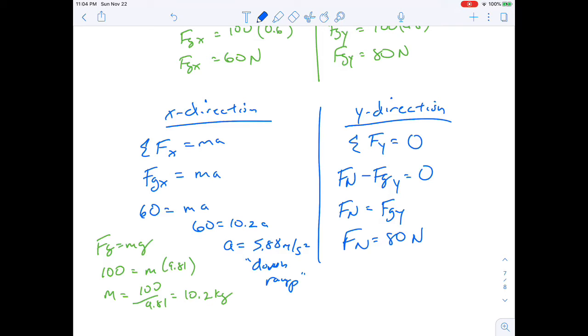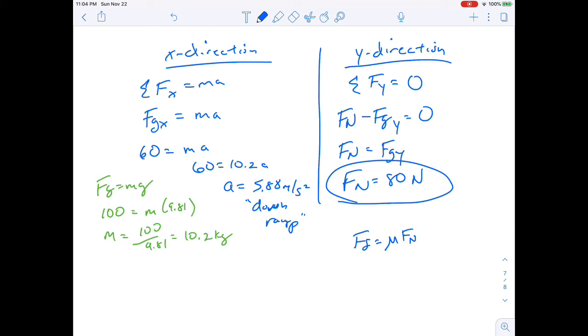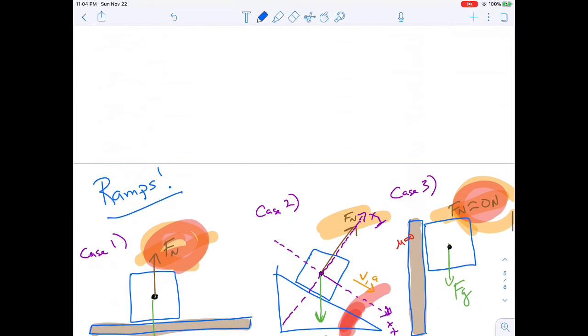Now this doesn't make any difference in this particular problem, but what if there were friction? Because remember, friction is equal to mu times Fn. So when you have something on a ramp, this is going to be important, because that friction is going to be affected by the angle of that ramp, right?